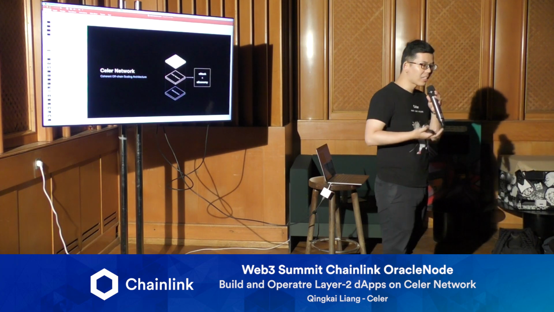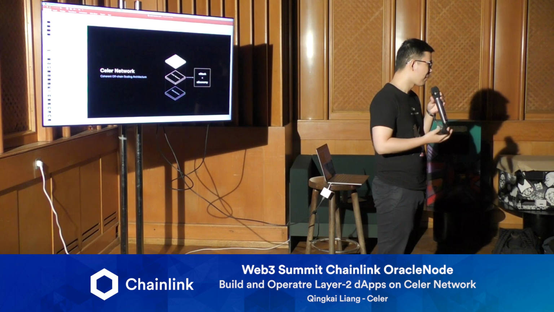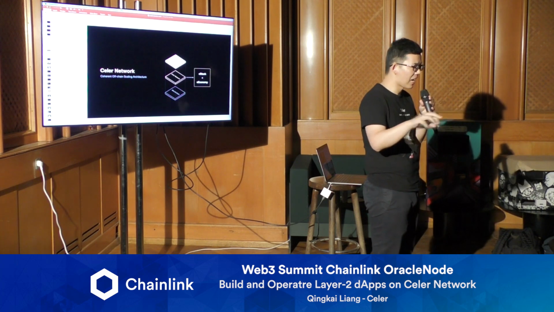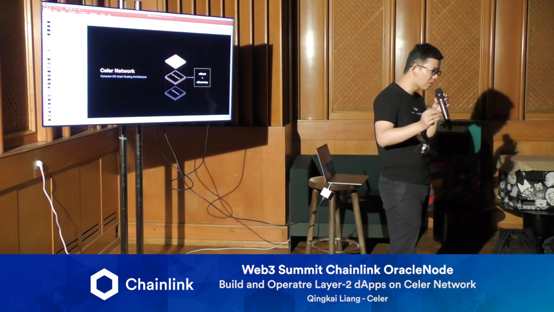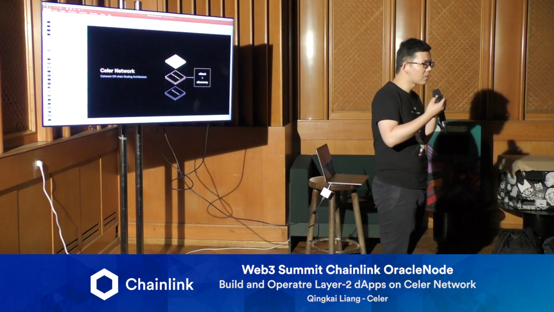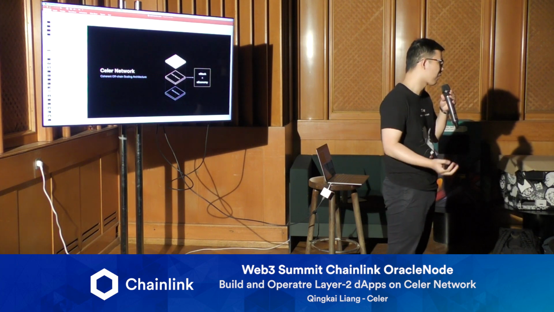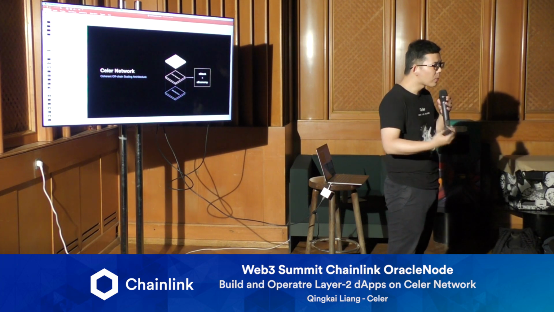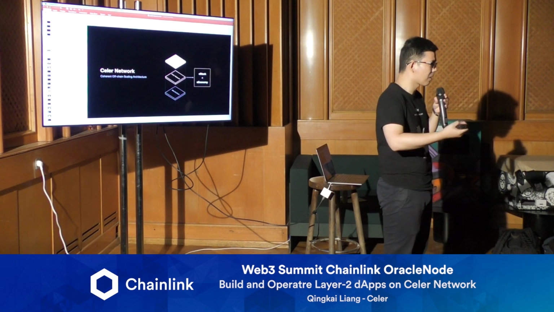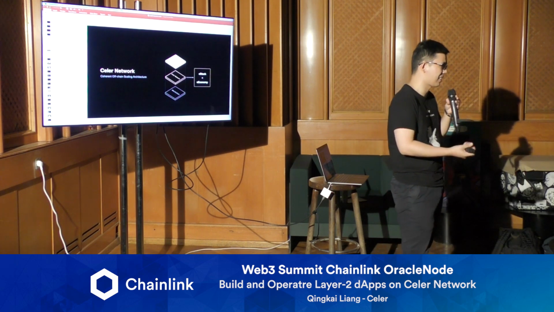Celer Network is a layer 2 scaling platform built on top of every existing blockchain such as Ethereum. The idea of layer 2 is to move most of the transactions from on-chain to off-chain, while only resorting to the blockchain when there's some dispute or you need to settle some states.